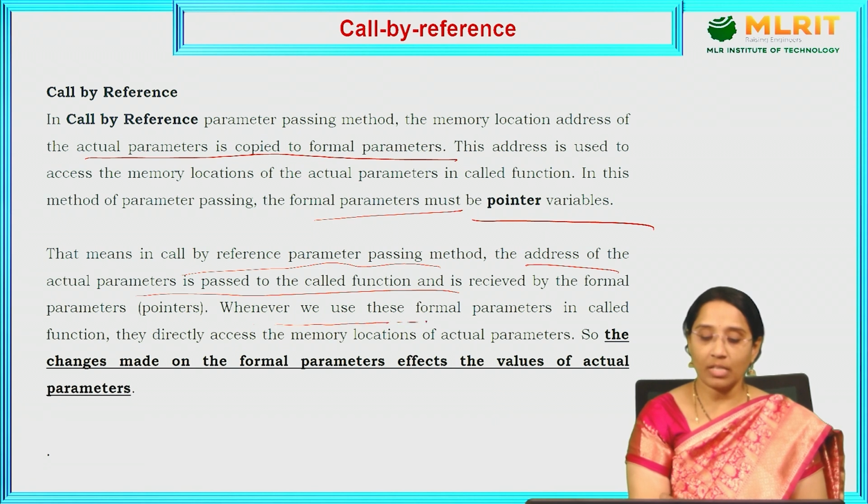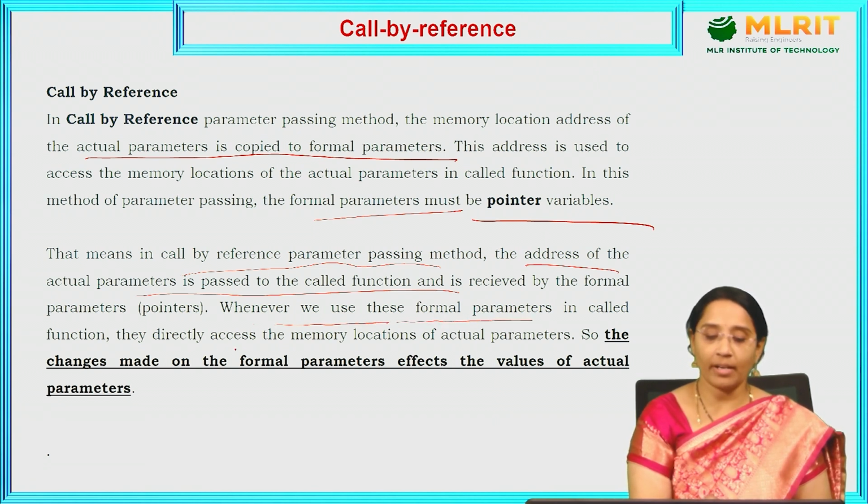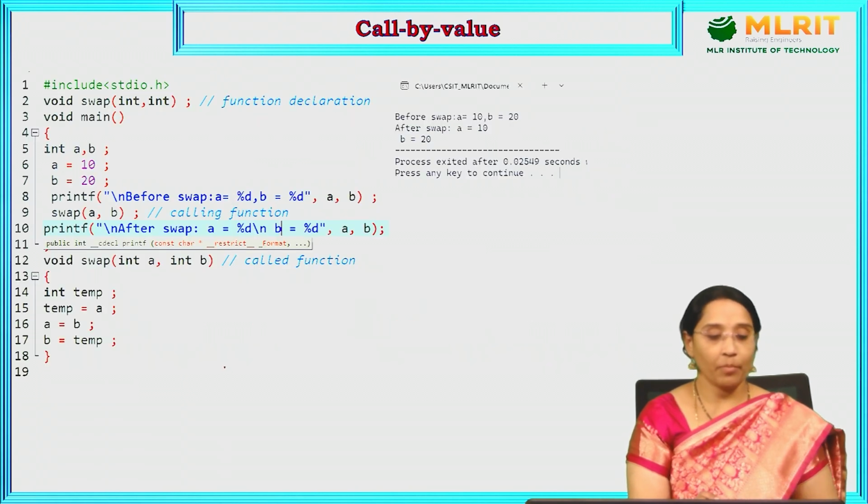Whenever we use these formal parameters in the called function, they directly access the memory locations of the actual parameters. So, one more sample program.